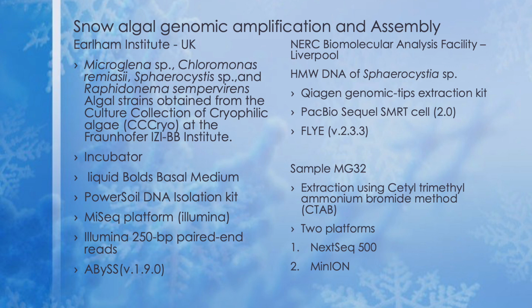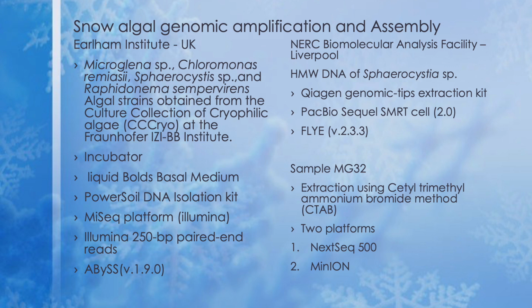DNA was extracted using the PowerSoil DNA isolation kit following the manufacturer's instructions. Each strain was sequenced on a MiSeq flow cell using the 500 cycles version 2 chemistry, 250 base pair-in reads at the Genome Analysis Center, Earlham Institute in the UK.